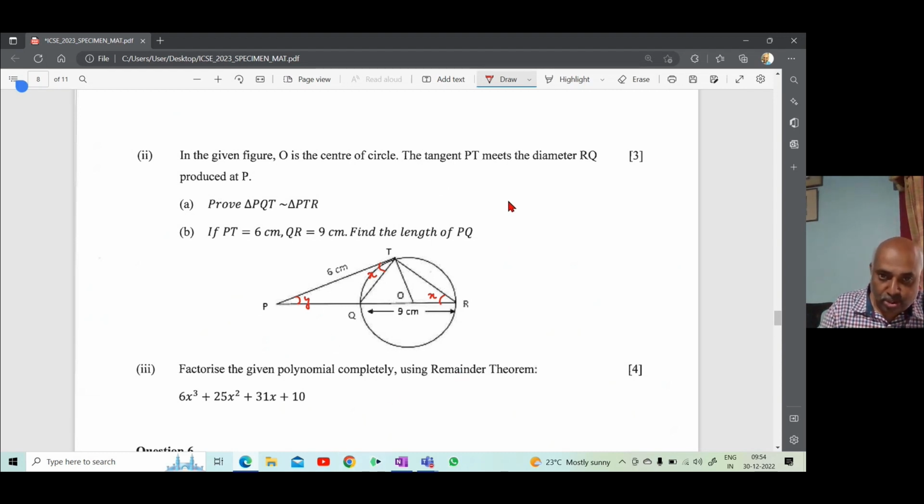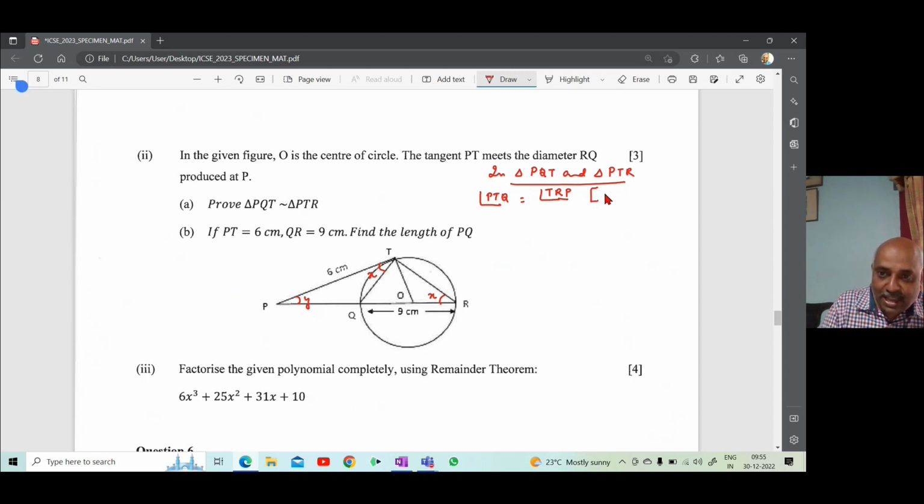So we will do this here only. I'll write, in triangle PQT and triangle PTR, in these two triangles, angle PTQ is equal to angle TRP. Why do I say they are equal?